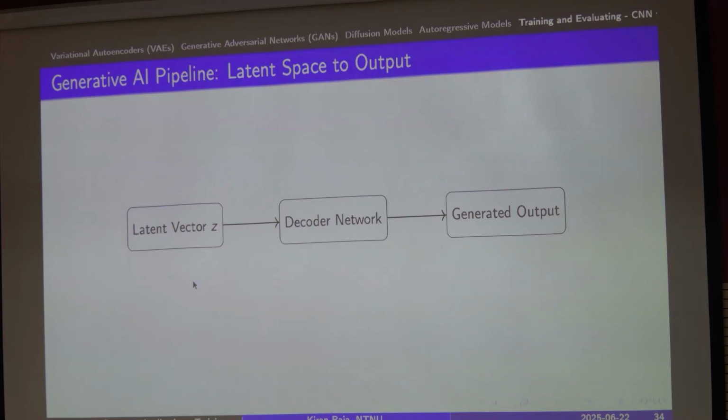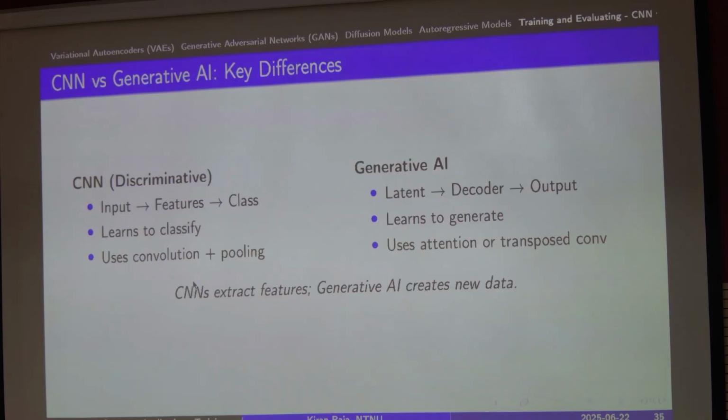Now, in terms of architecture, here you can see that you have input, features, and a class, right? In the case of CNNs. But in the case of generative AI, typically you start with the embeddings, which is the latent space, then you have a decoder, and then you have an output. So there is no class concept coming into generative AI.